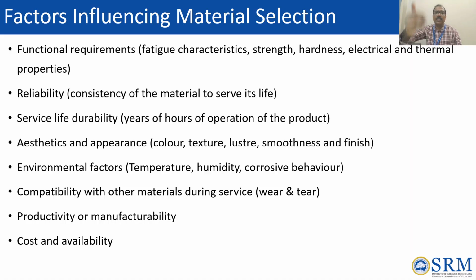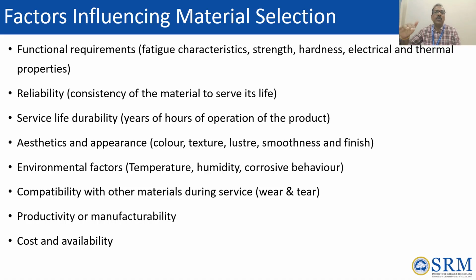So when we are choosing some material for our product, we should have this kind of thinking. We should have an answer for that. In some places we don't need that much hardness or strength, so there we need not choose the material with higher strength or higher hardness.